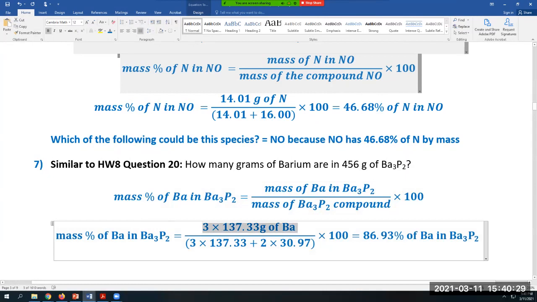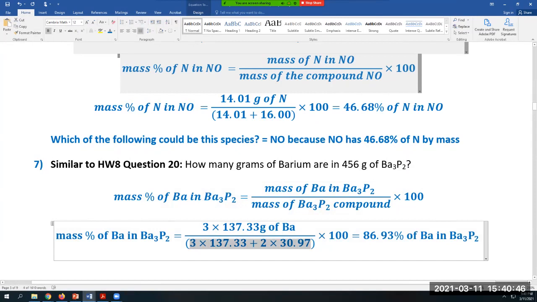137.33 grams of barium times 3, because there are 3 bariums in this formula, over the molar mass of Ba3P2. So it's 3 times the molar mass of barium plus 2 times the molar mass of phosphorus.